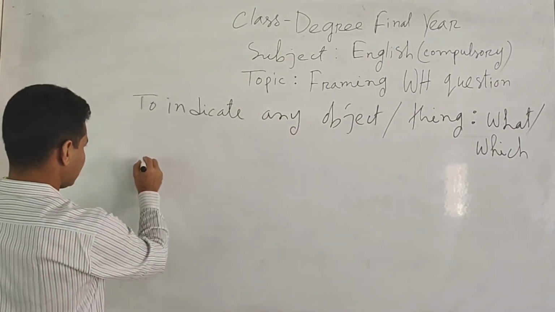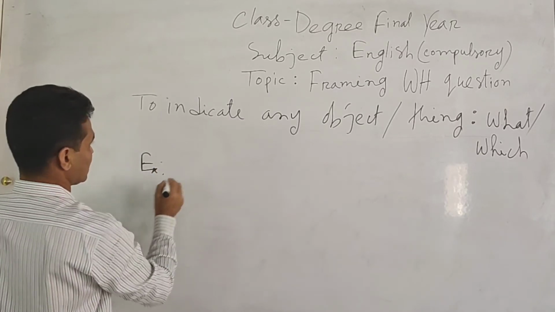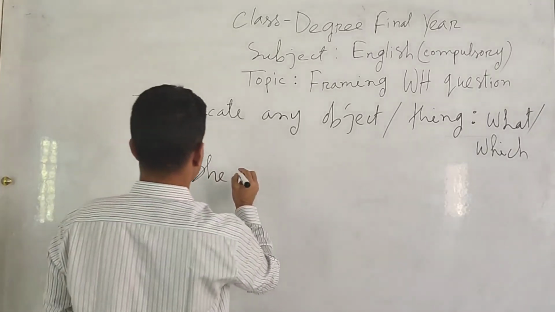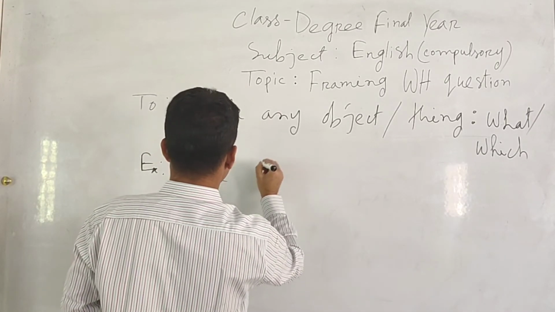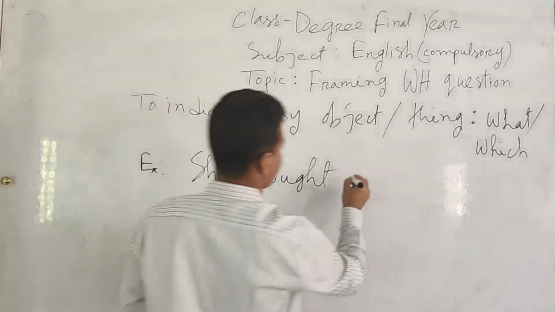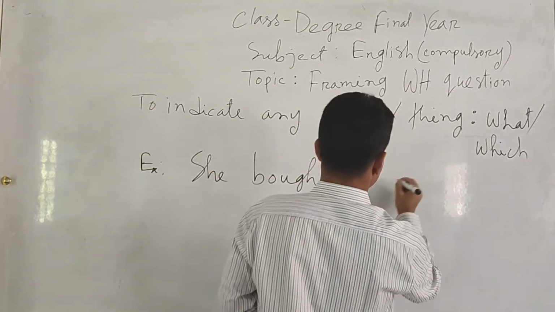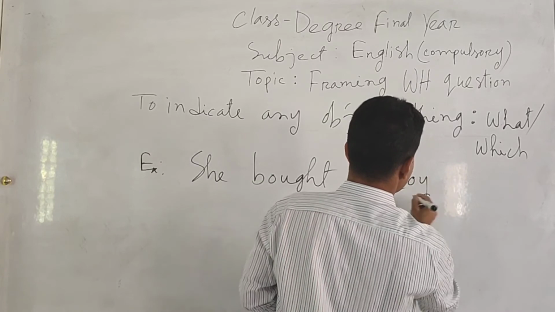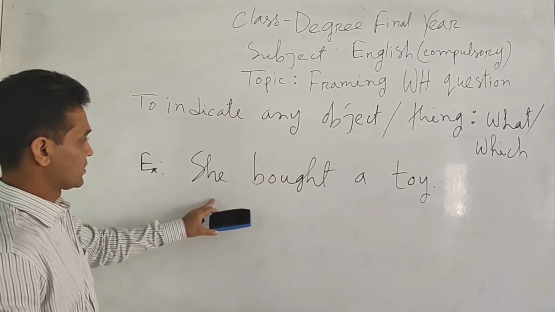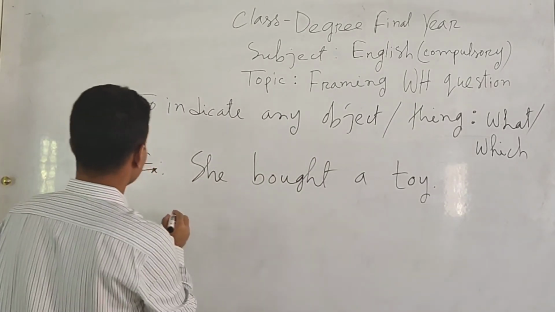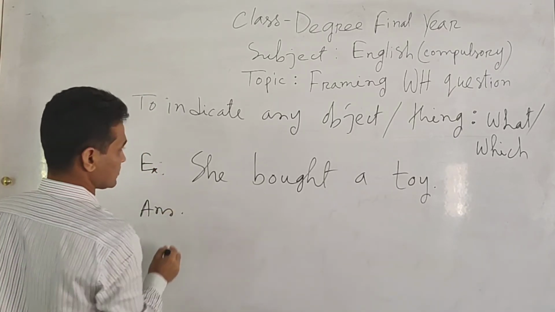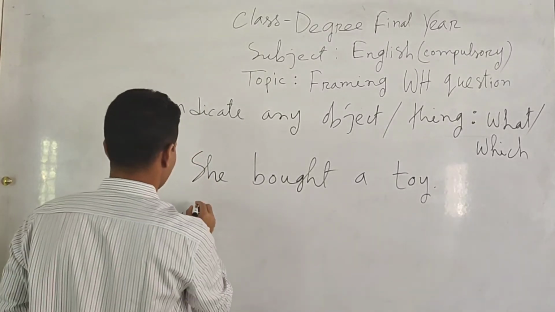Example: she bought a toy. For example, from this sentence, if we want to frame a WH question, we have to use what. Answer. Here, what is appropriate.